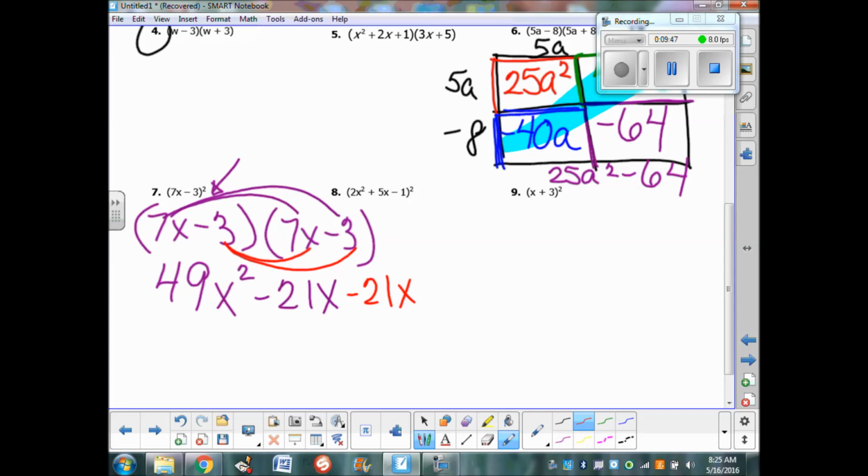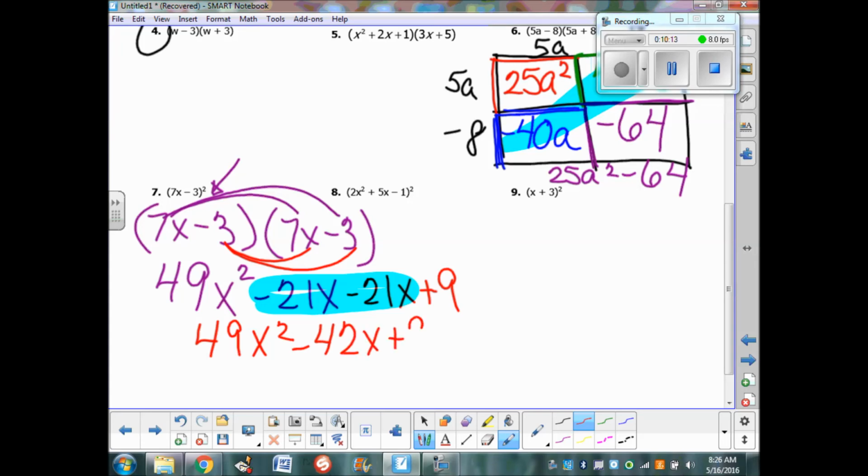And negative 3 times negative 3 is positive 9. So we did the double distributing. Now let's combine like terms. Where do our like terms occur? Right there. Write your final answer in simplified form. Negative 21 and negative 21, the signs are the same, so we have to add: negative 42x plus 9.